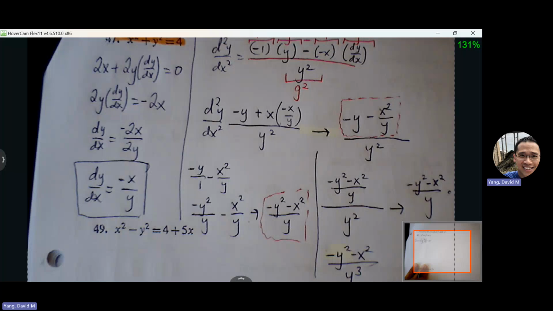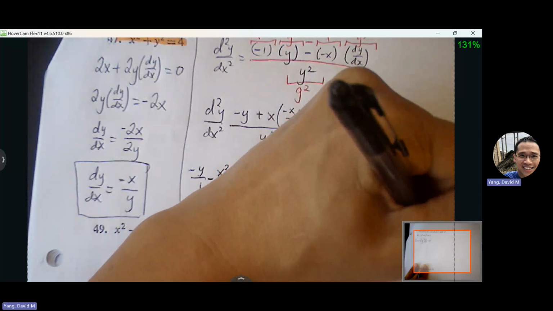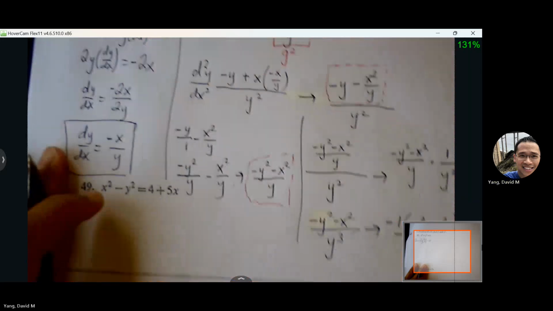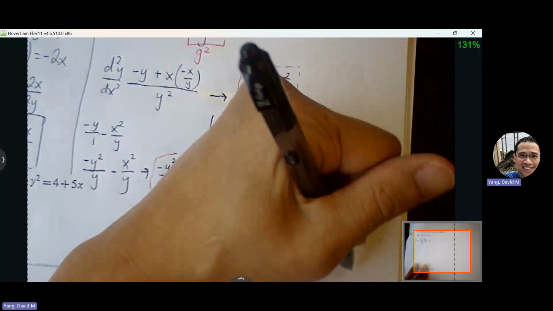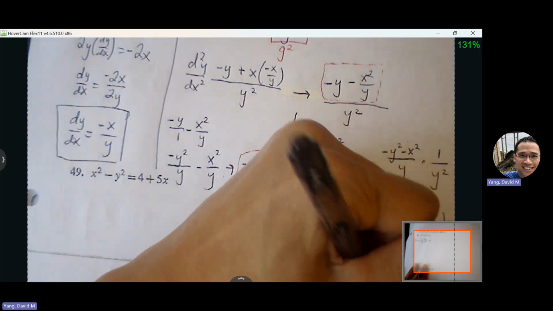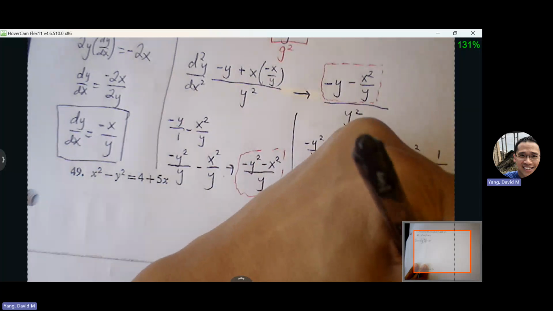Yeah, so if I factor a -1 out, I can make this y squared plus x squared. And then the x squared plus y squared can be replaced with 4. And then I'm left with -4. So d2y over dx2 is equal to -4 over y cubed.